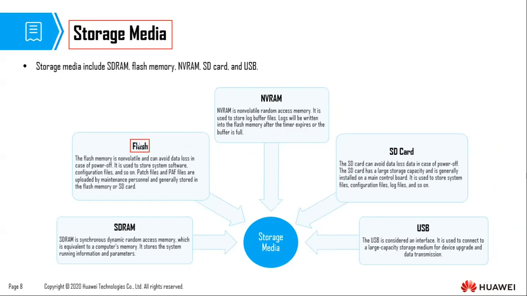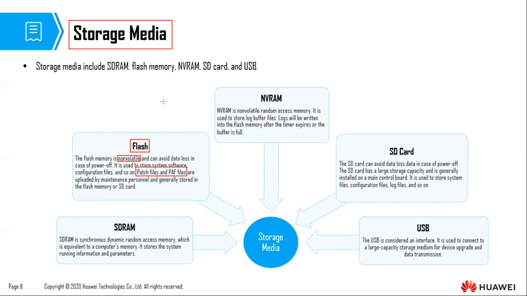The flash drive is like the hard drive in our laptops and desktop computers. It is non-volatile, meaning it will offer permanent storage even when you shut down the device. Normally, it will store all the files, like the patch files and the path files. All of them are saved in the flash drive.